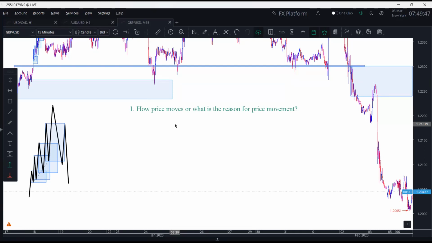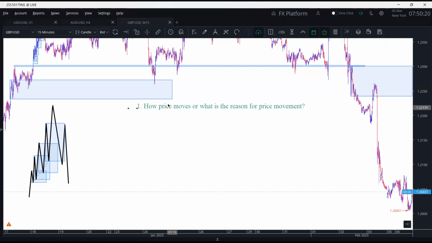We know that price moves by supply and demand. And what changes supply and demand is scarcity. The scarcity of a good runs the supply and demand, and scarcity determines the price. So anyway, this one is answered.